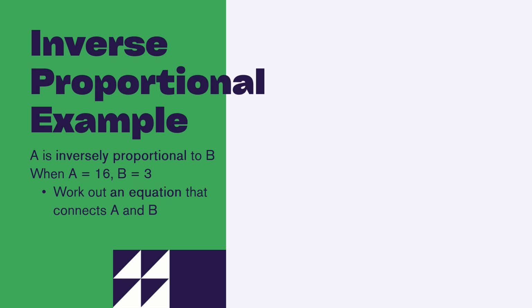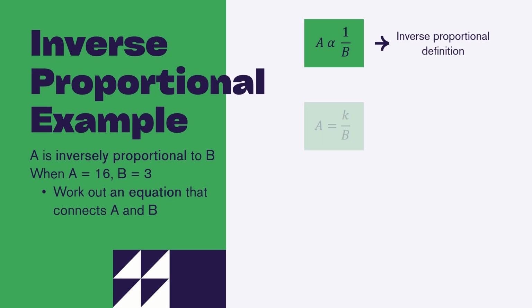So we need to work out an equation that connects A and B. This time, since they're inversely proportional, we write that A is proportional to 1 per B, which allows us to write down that A is equal to k over B, where k is some constant that we need to find. Next, we substitute in the values.